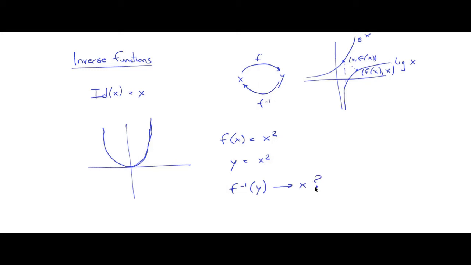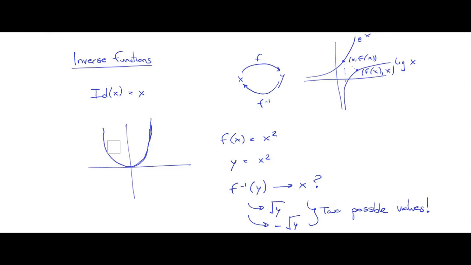The problem here is that there are two possible x's for this. You could have the square root of y as x, but minus the square root of y is also an x that when you square it will give you y. So you have two possible values, and then you can't define an inverse for the whole of the domain.